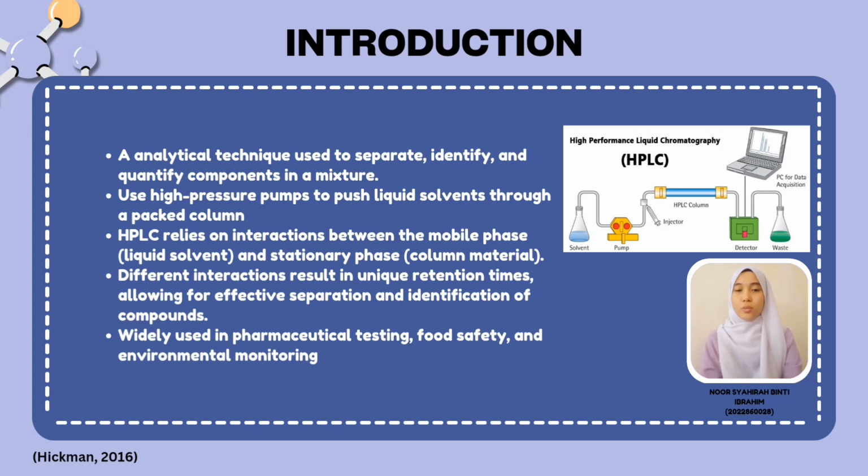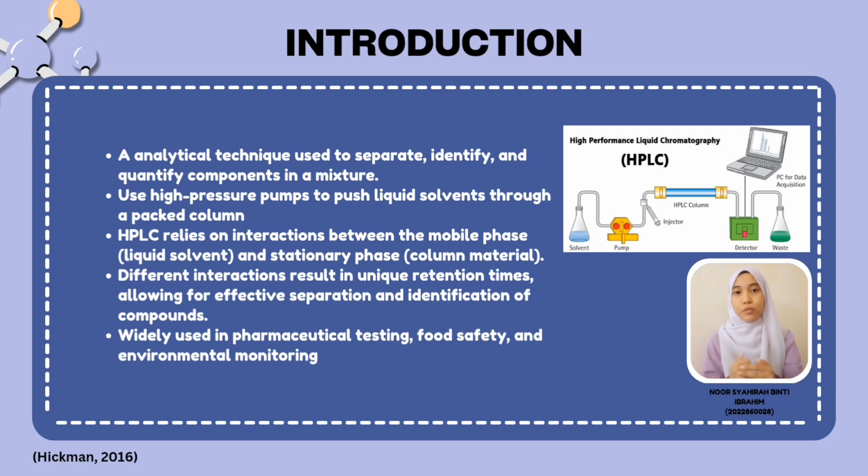This process works by exploiting the interaction between the mobile phase, the liquid solvent, and the stationary phase, the column material. Each component in the mixture will interact differently with the stationary phase, causing them to exit the column at different times.